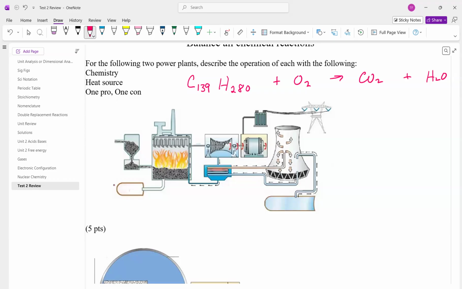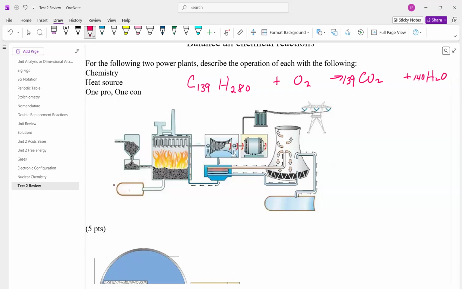All right, so it's gonna be 139 hydrogens, we need 140.